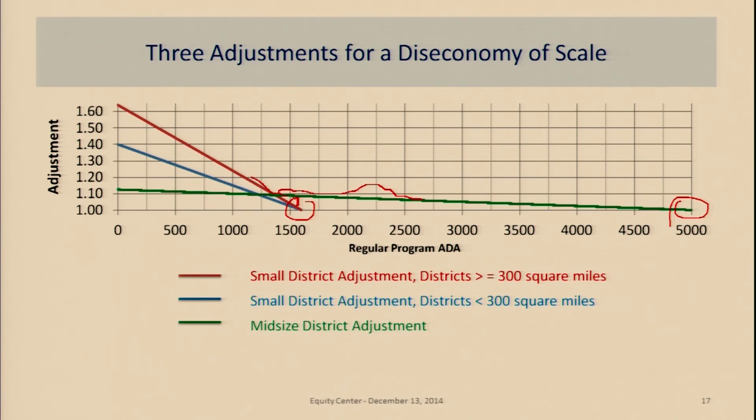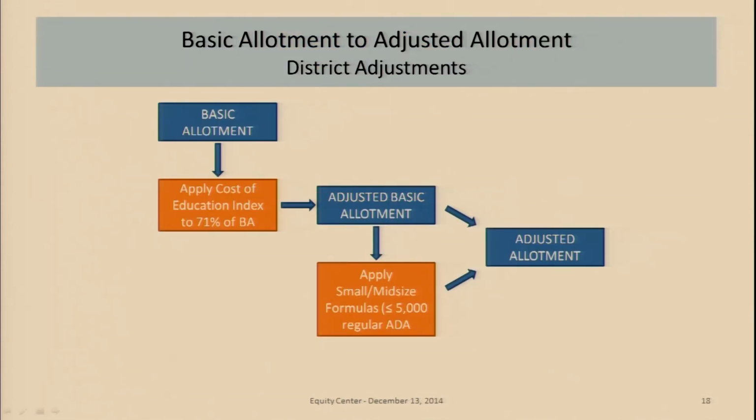When you got to that point, then you'd switch over and you'd be on the small schools formula. If you're less than 300 square miles and you were losing regular program ADA, when you got here, you would switch over and go up there. This distance in here is the difference in what the state provides just because of the penalty formula, which is not justified in any sense.